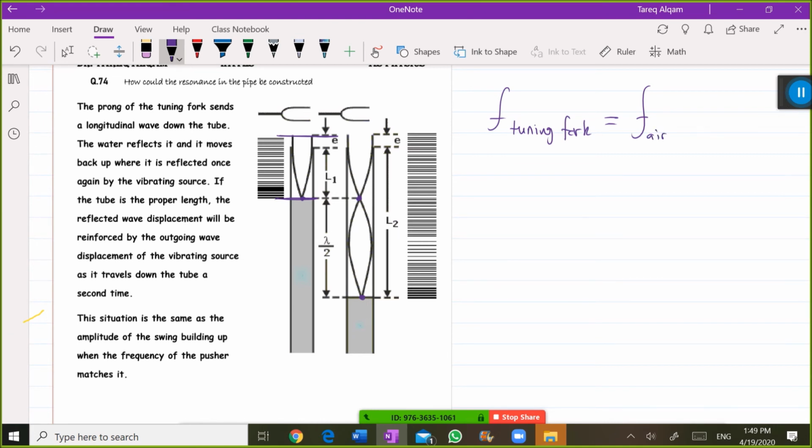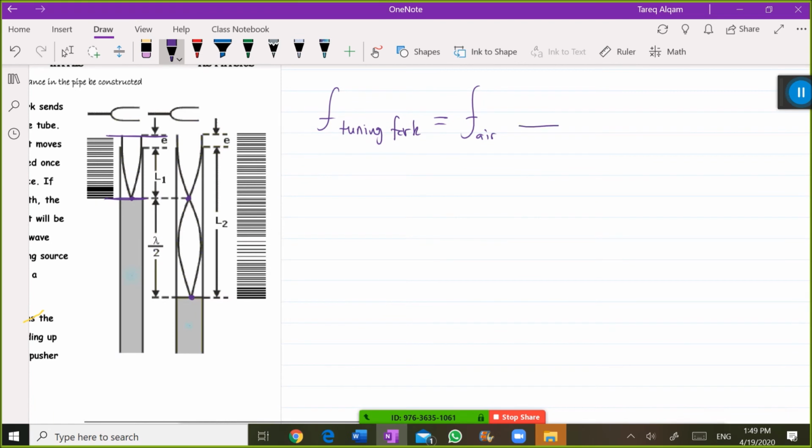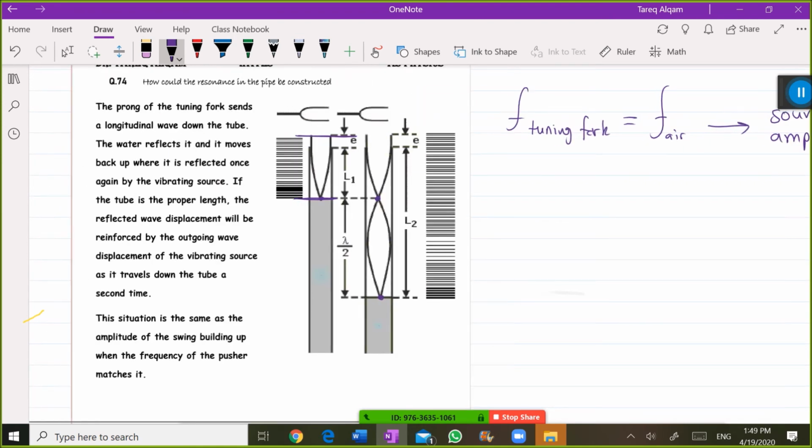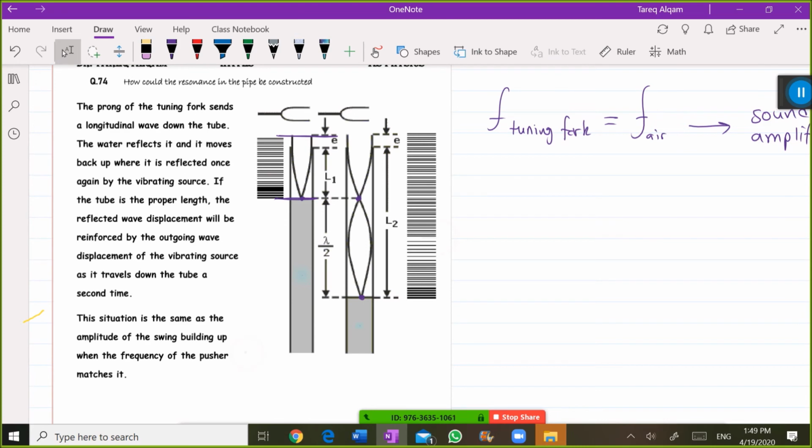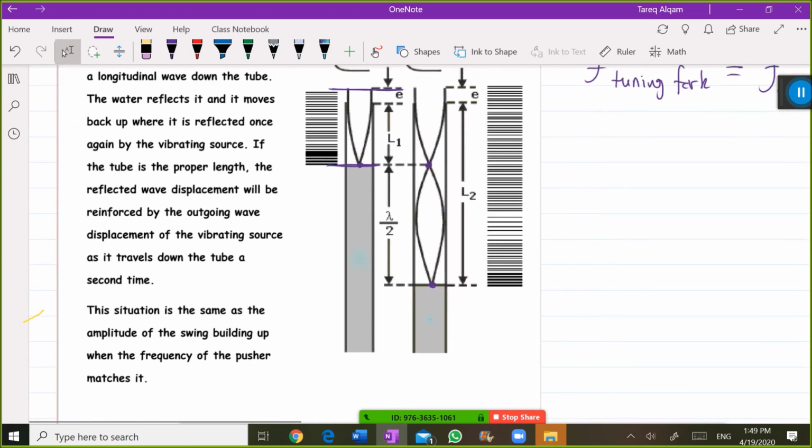At this frequency, what happens to the sound? It is amplified. Is that clear? If I move the tube up, I will have more air inside the tube. So at a specific length, I will have the second resonance, or the next harmonic, which is the third harmonic, and so on.